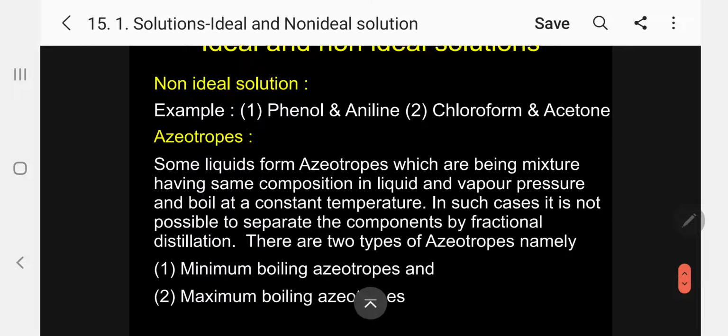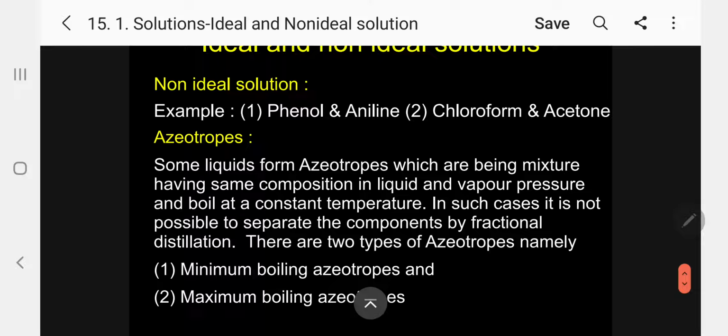Next, one more term I have to specify before completing this unit: azeotropes. What are azeotropes? Some liquids form azeotropes, which are mixtures having the same composition in liquid and vapor and boil at constant temperature.